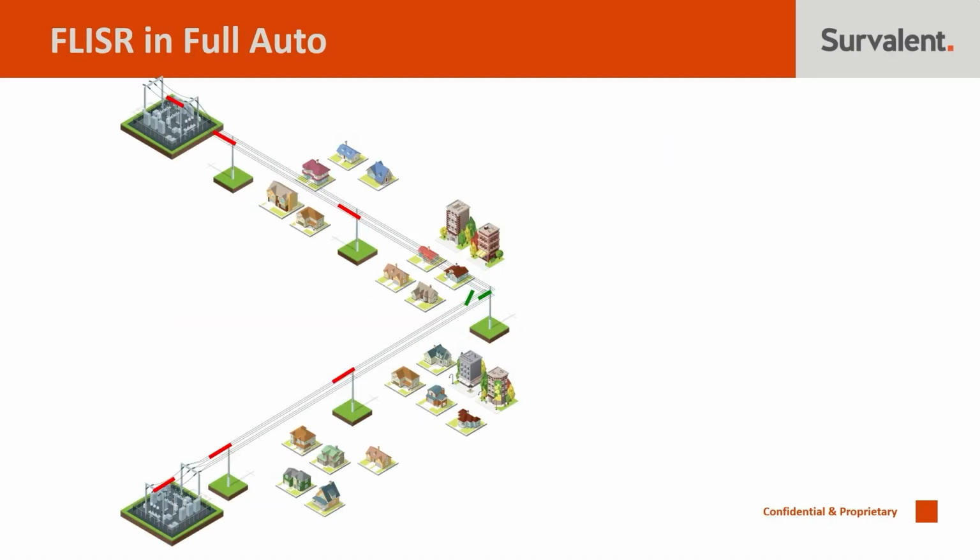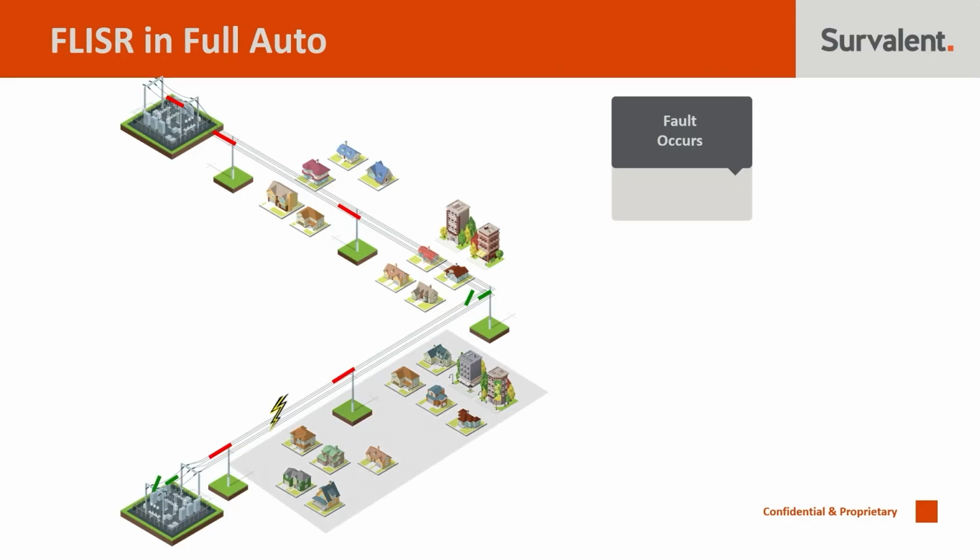Now for FLISR in full automatic mode, I have here what we refer to as a stickman diagram. We have two substations that are connected by a normally open tie switch, and then we have telemetry switches downstream and upstream of the tie switch. If a fault occurs here, since we are in full automatic mode, with a fault downstream near the substation, FLISR will detect that fault and automatically isolate it once a lockout signal is detected.